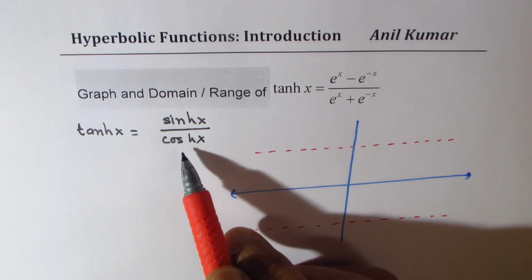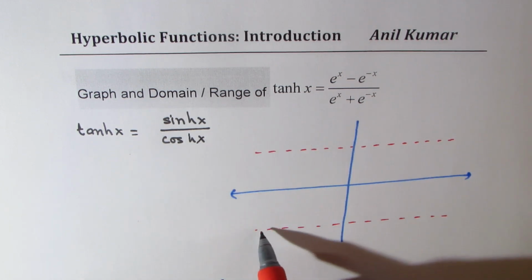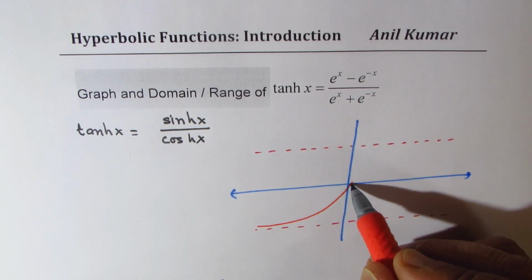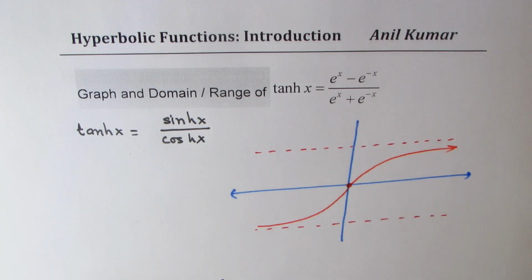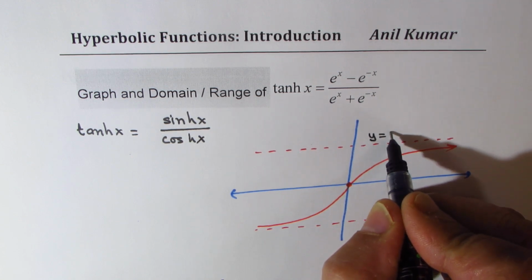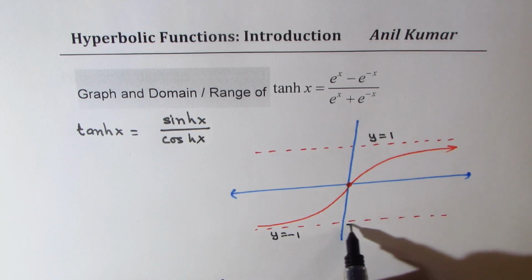Now, divided by the cos, you get a function which is like this, where y equals 1 is one of the horizontal asymptotes and y equals minus 1 is the other horizontal asymptote.